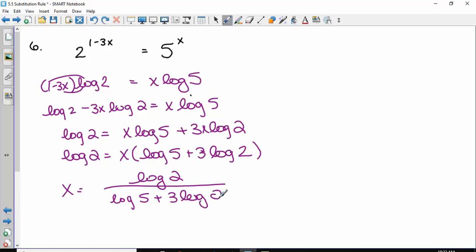And I told you you could plug it in your calculator, but I will also accept it if you just want to leave it like this. Wouldn't we subtract it over? It was a negative. Oh, okay, you did the log 2 first.